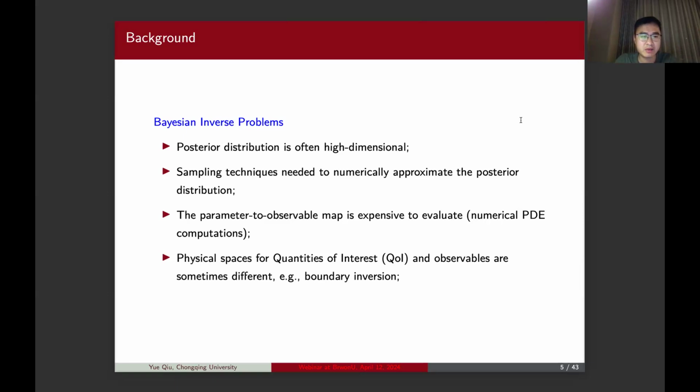And another important feature is that the domain of the quantities of interest is often different from the domain of the PDE solutions.